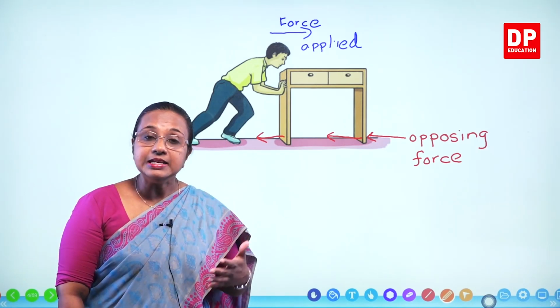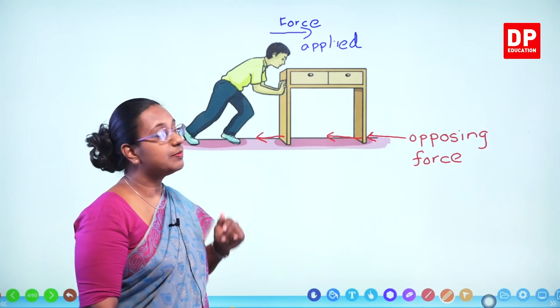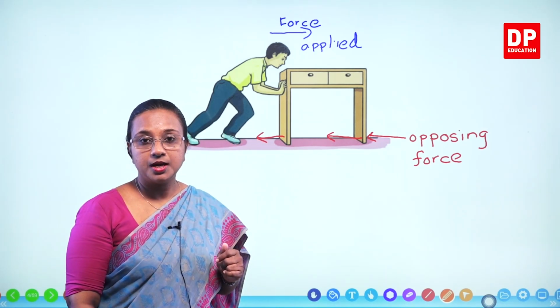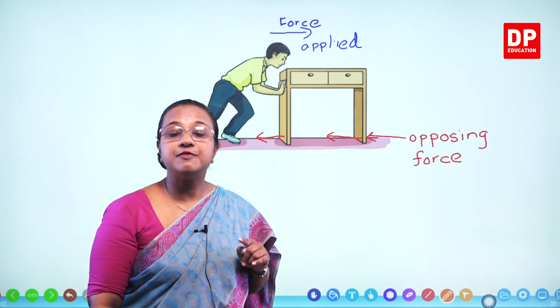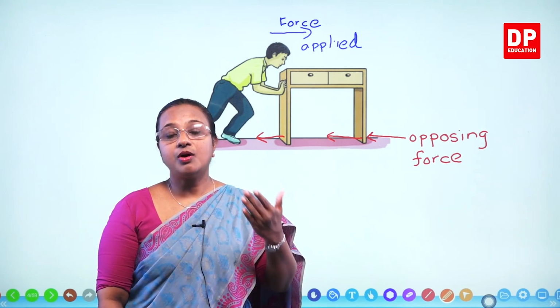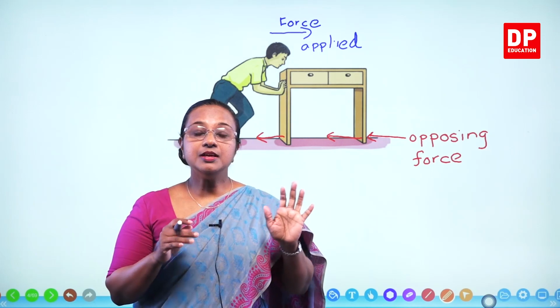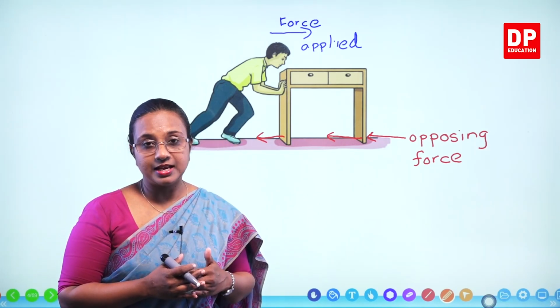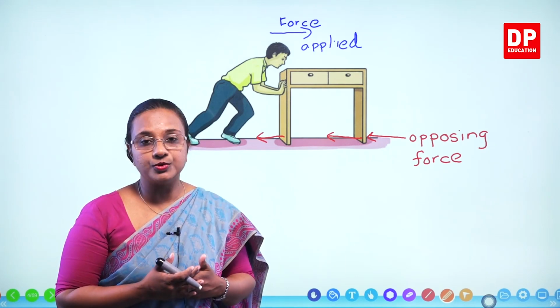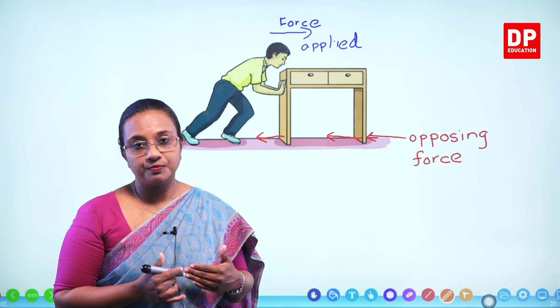Let's say we increase the applied force. Then also the table will not move. The reason is the opposing force, that is the friction, will also increase. Thereafter, if we increase the push to a very large force, then obviously the table will start to move.